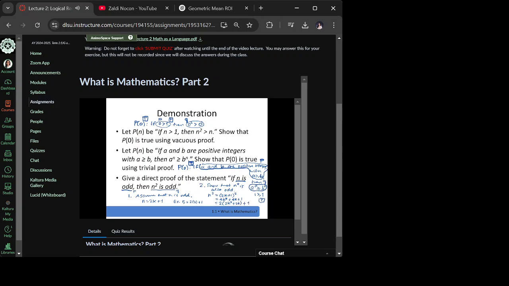This shows that n squared is odd because it is 2 times something plus 1. Therefore, the theorem is proved using direct proof.